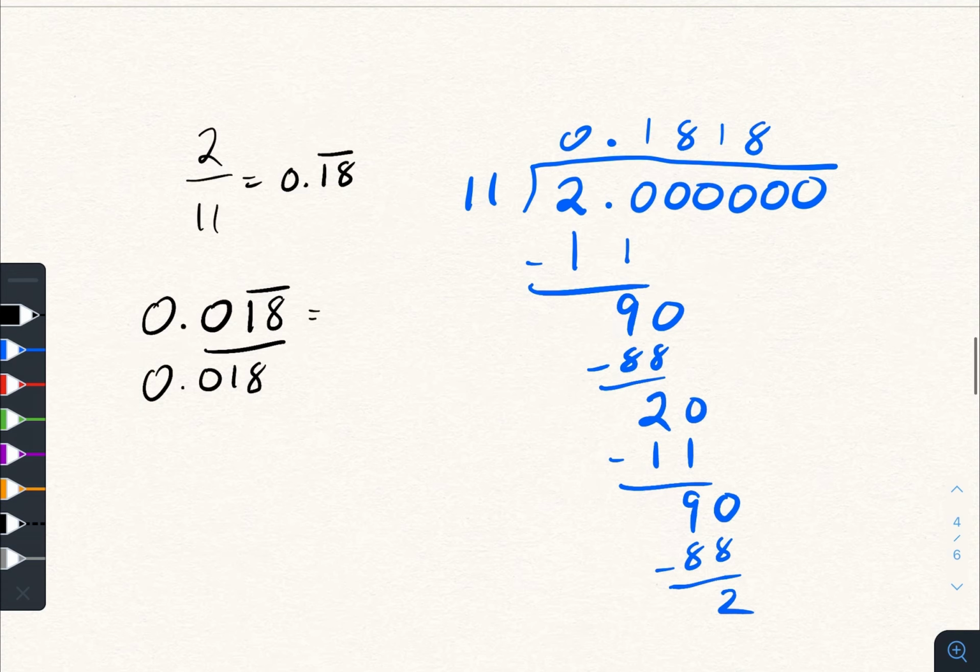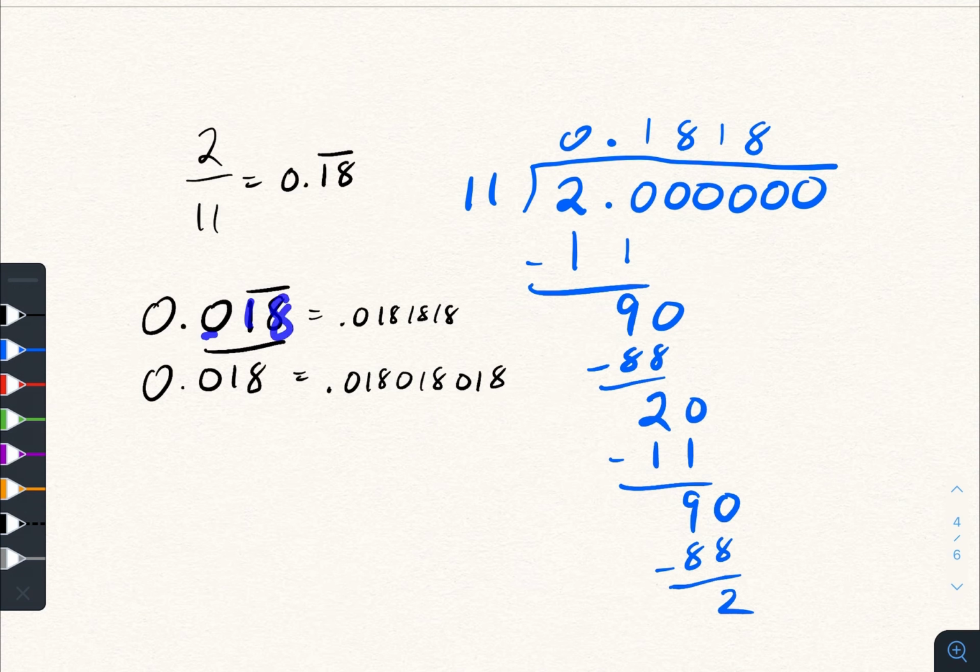So this right here is 0.0181818. This one right here is 0.018018018, because the bar means the whole thing, 018, is repeating. And here, this 0 part isn't repeating at all, but the 18 part is repeating. Okay, so that's a repeating decimal.